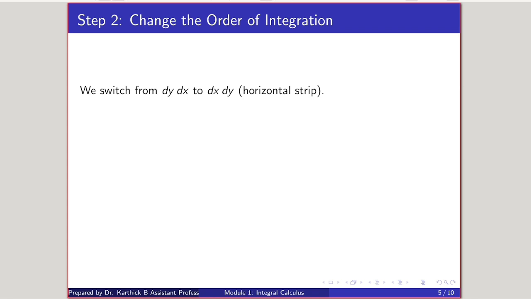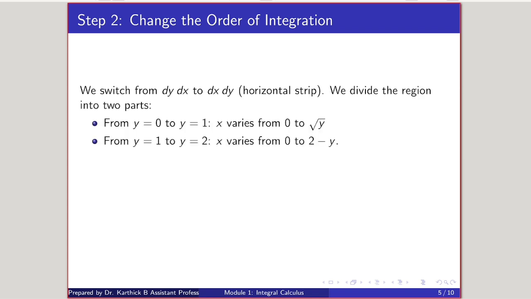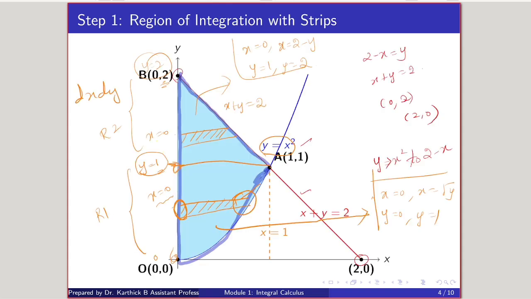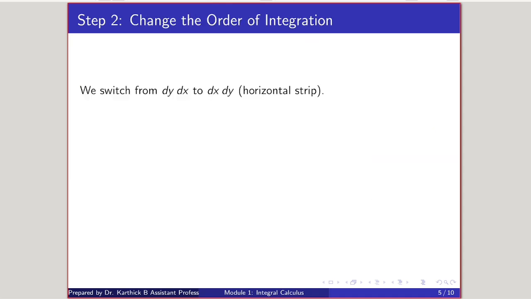So we will do the procedure. The given order is dy dx, so we have to change the order of integration. So we get dx dy, horizontal strip. Already we did this in the given diagram. I hope you understand. y varies from 0 to 1 and 1 to 2, and x varies from 0 to root y and 0 to 2 minus y, as I told previously.